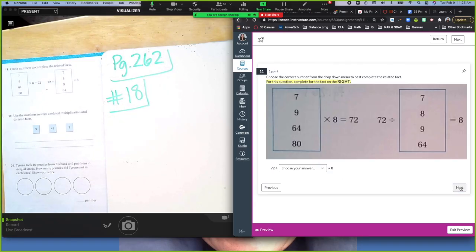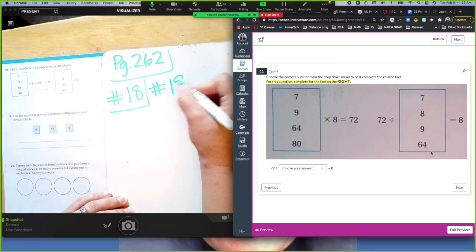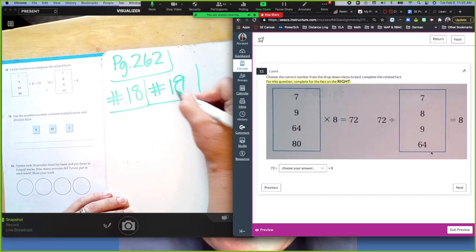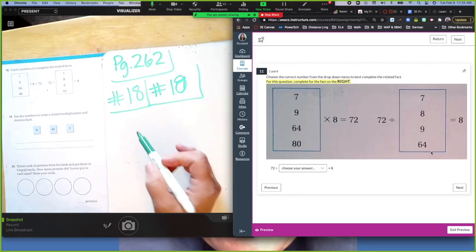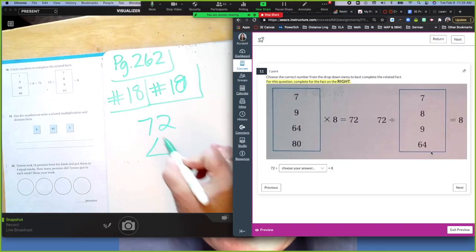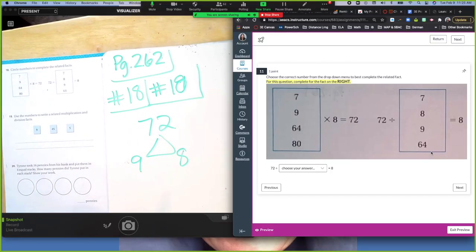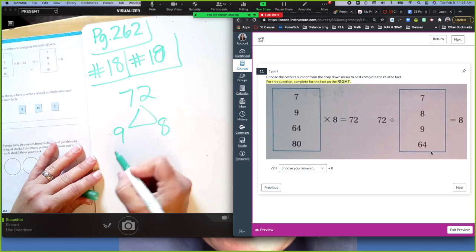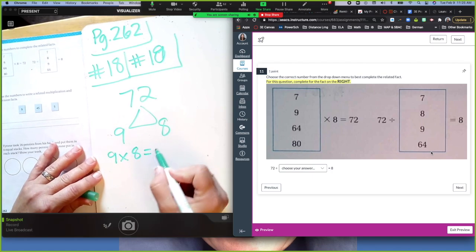So on question 11, we're answering now for the right. Now this is kind of the fact family. So this is now for number 19 in your, still number 18 in your book. But 72, 9, and 8, they're a fact family. So 9 times 8 equals 72.